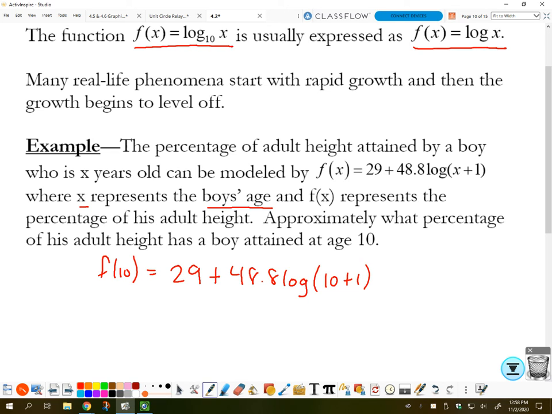And we're doing log of 11 because 10 plus 1 is 11. All right, and we get 79.82 as the answer. So he's 79.82% of his adult height at 10.